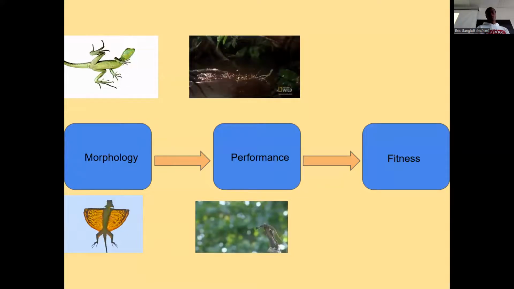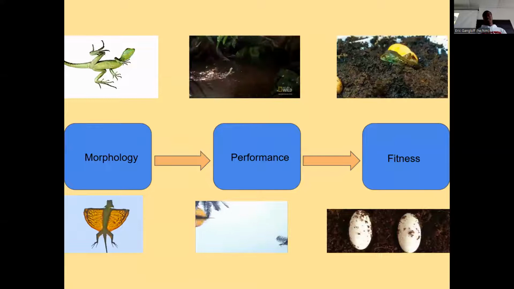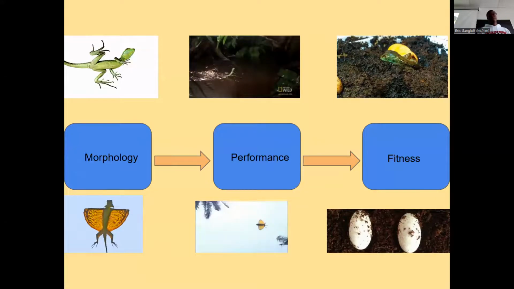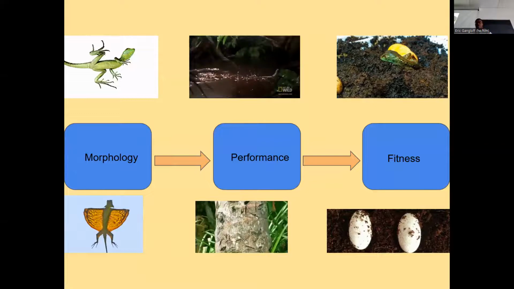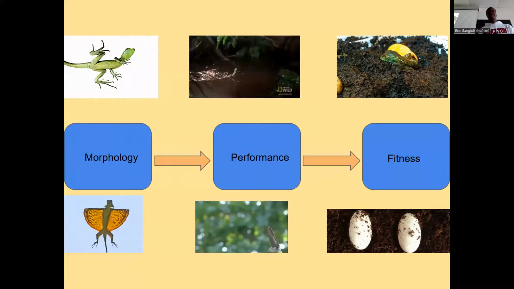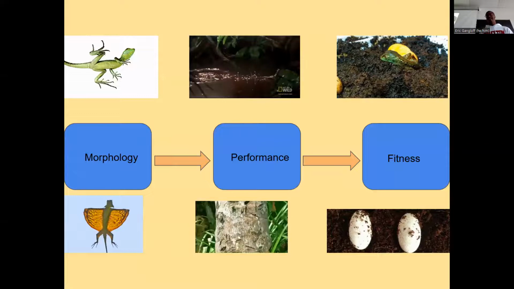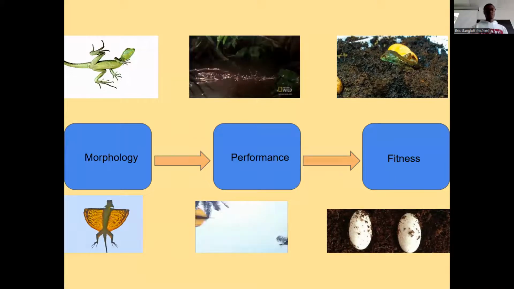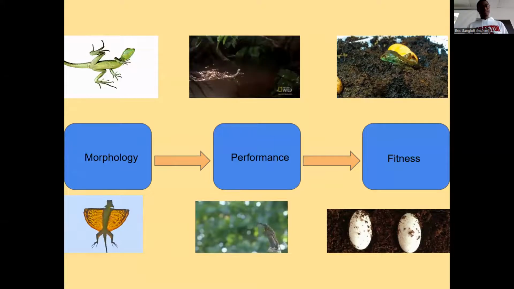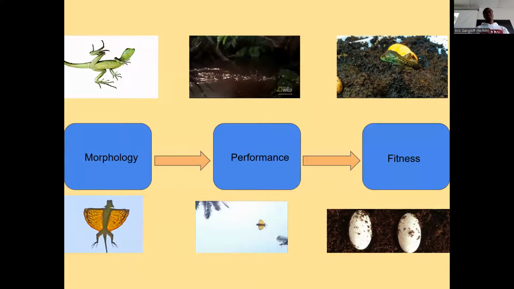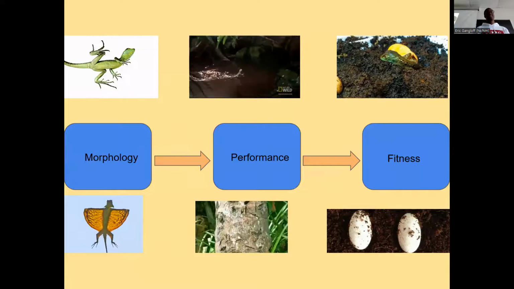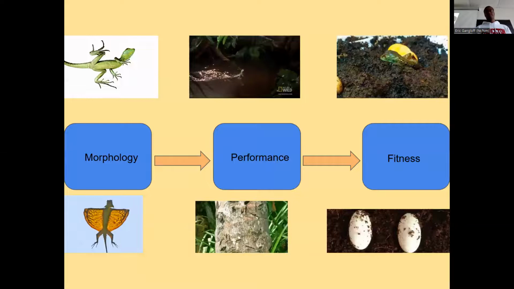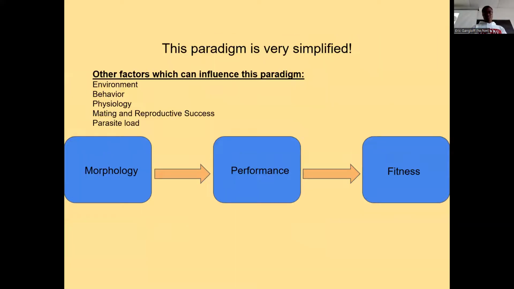Additionally, performance in turn influences fitness, which we all know is just a measure of the reproductive success of that individual and how well that individual can survive and pass along its genetic information to subsequent generations. So to recap, body structure influences the way that these animals perform in nature, and that influences how well they survive and reproduce. Pretty simple.